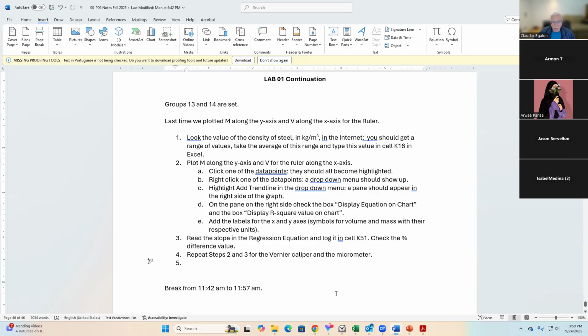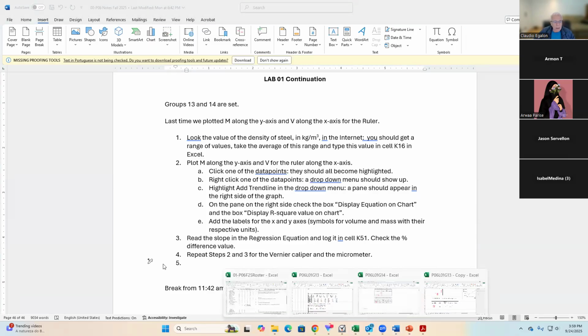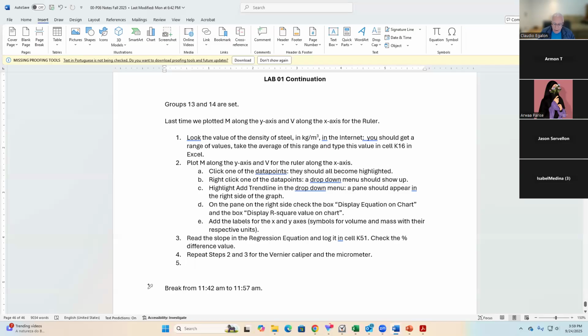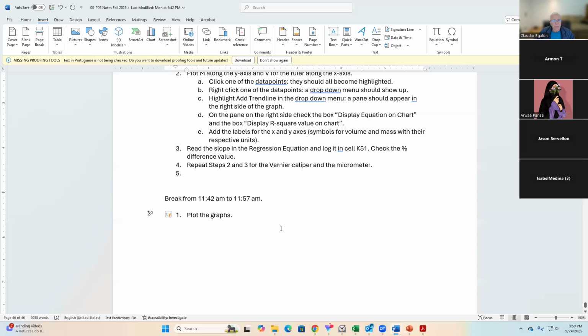And what we have to do next, okay? I usually do the following during those labs. The first thing I do is plot the graphs. How do you say that?